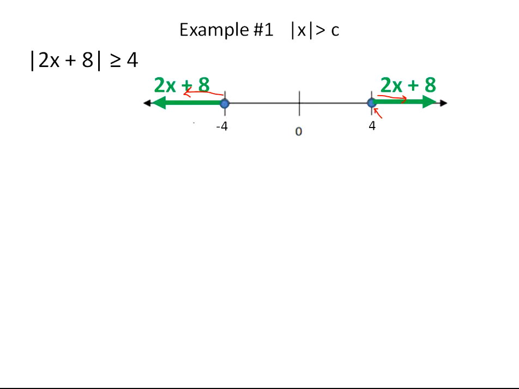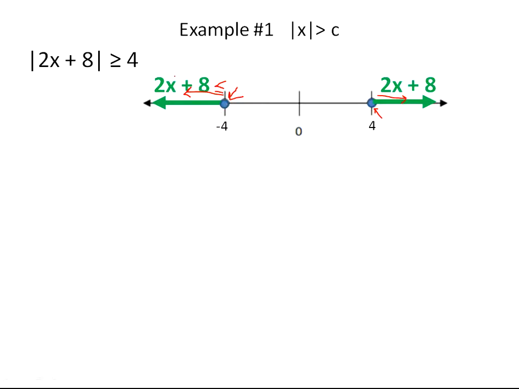So now we're going to write our inequalities from this. And so we can say then, as we compare 2x plus 8 and the boundary, so how does 2x plus 8 relate to this boundary? Well, 2x plus 8 is less than or equal to this boundary.